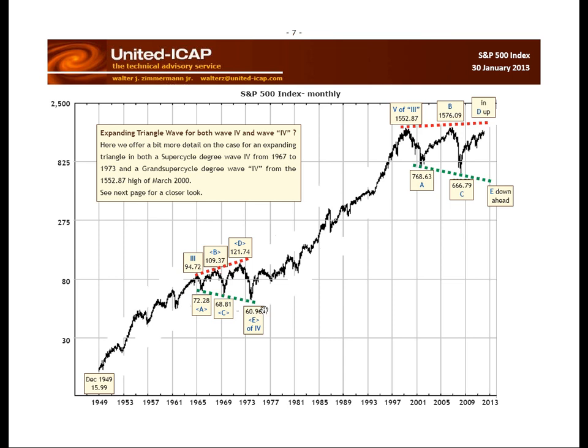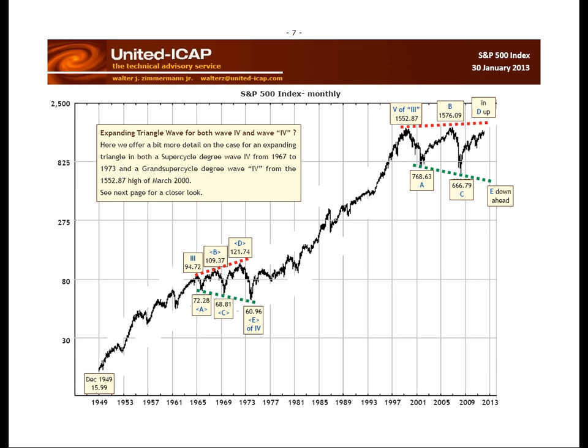Now, what we think is going on is a larger scale version of that, and that there are new highs ahead above 1576, but then just as the new high here to 121 was followed by a disastrous flush of length, a major crisis, we would expect a similar outcome from the next set of new highs in the S&P 500.